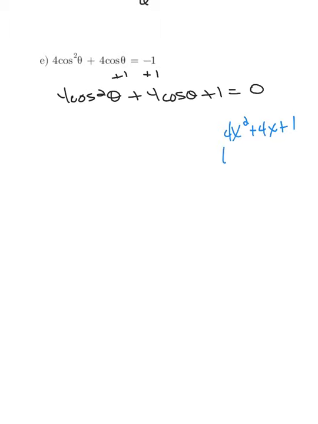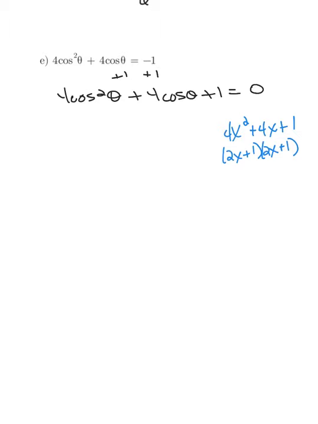So think about that. What makes 4x squared? 2x and 2x. What makes 1? 1 and 1. And since everything is positive, the whole thing would have to be positive. You can always check yourself by doing the multiplication, doing the FOIL.